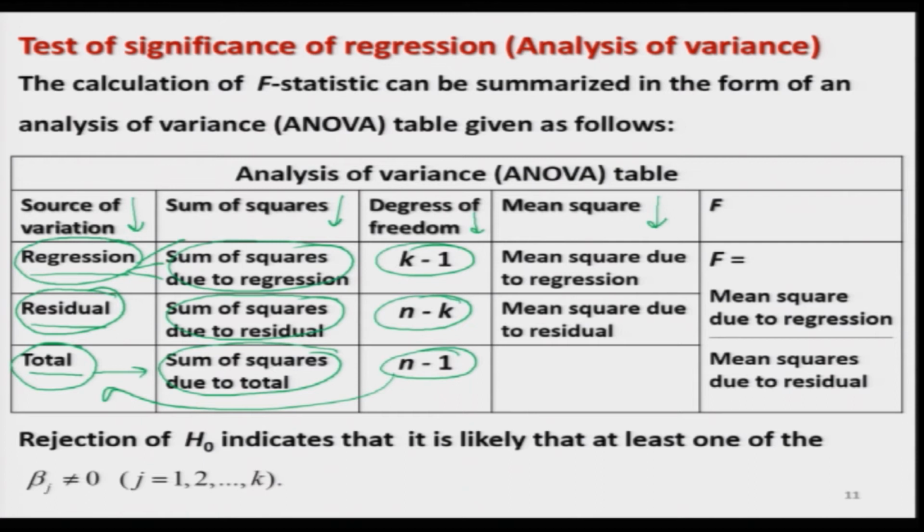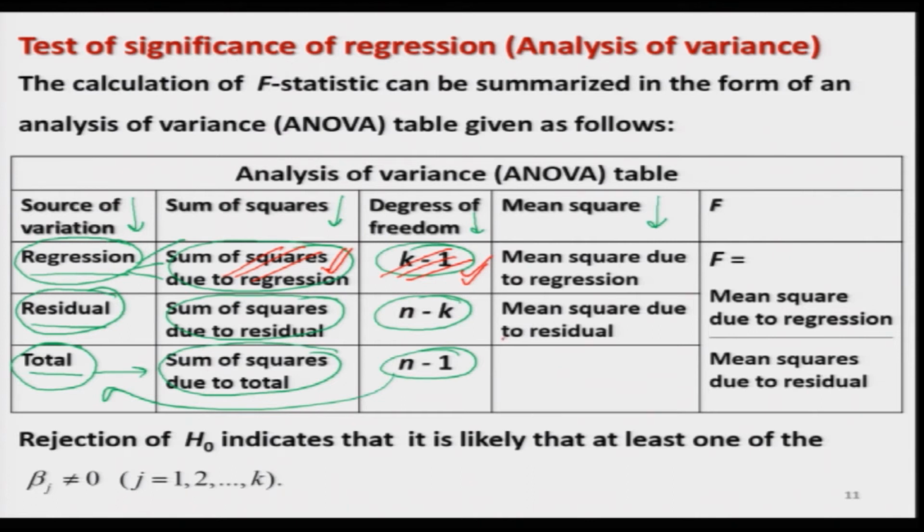The mean square due to regression is simply the ratio of these two columns. Try to observe my red pen, where I am highlighting these two. You simply obtain the sum of squares from this column, the degrees of freedom from here, and take the ratio, so you can obtain the mean square due to regression.